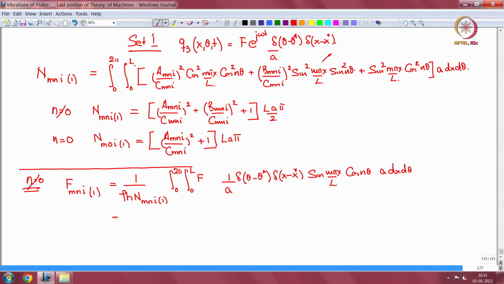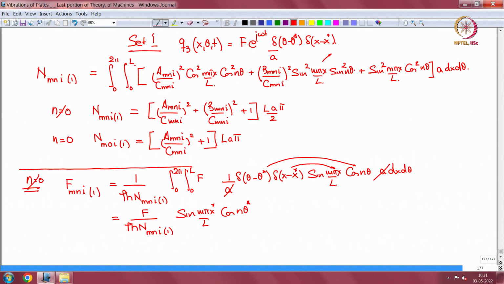This becomes f, this a goes with this a, f by rho h N m n I 1, and then this delta takes out the cos term, this decides the sine term, so I get sine m pi x star by L cos n theta star.